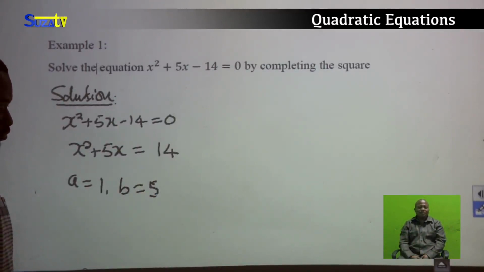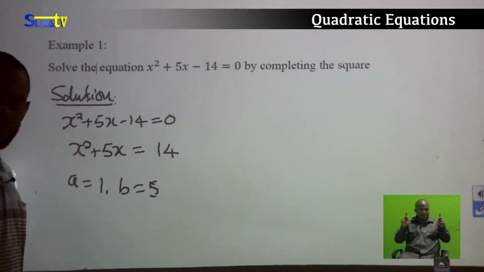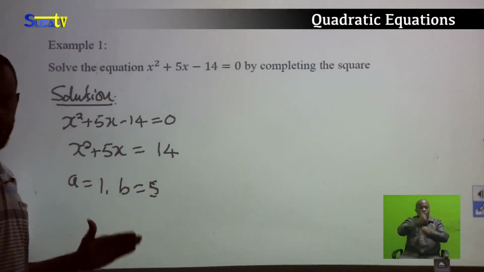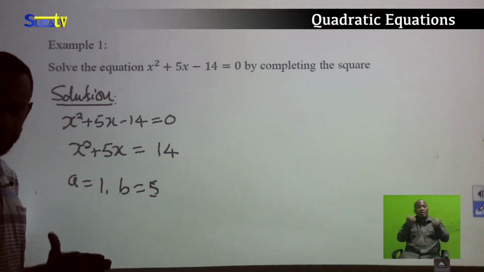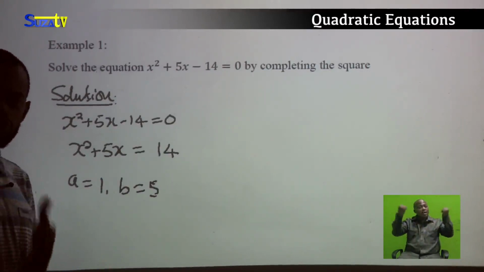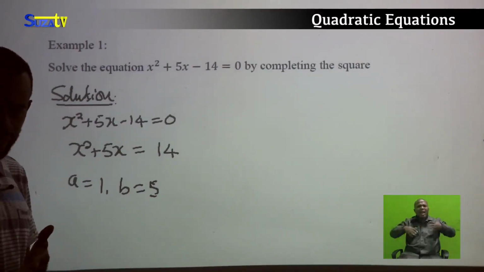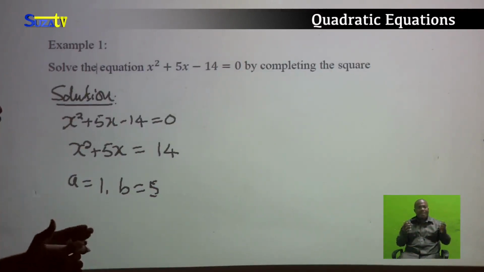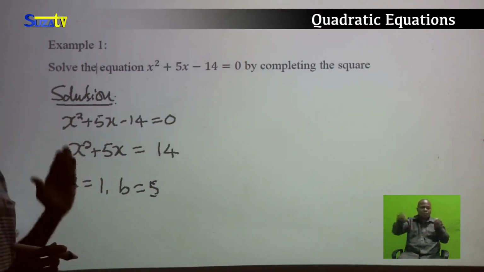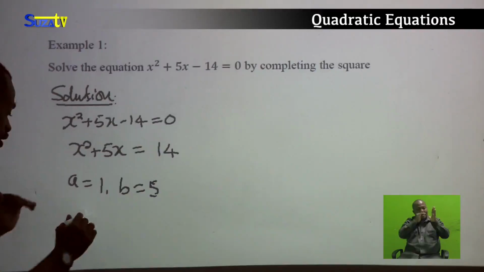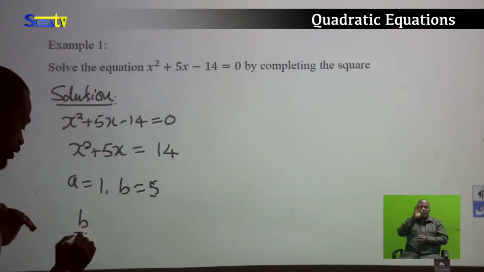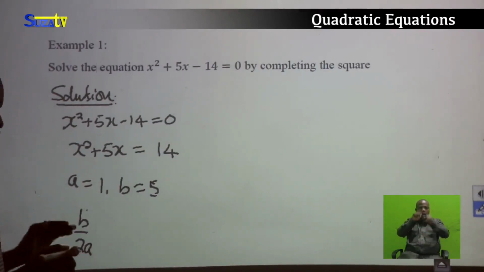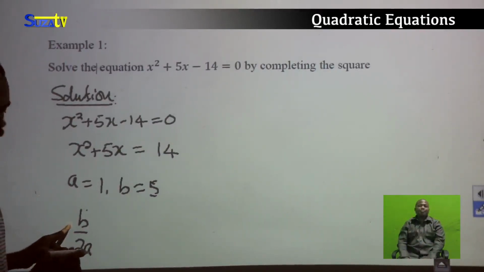Okay. So, as we said earlier, to make a quadratic expression or equation a perfect square, what are we supposed to do? Yes? Very good. We are supposed to add to the expression or equation (b over 2a) squared. But first, let us find this b over 2a.